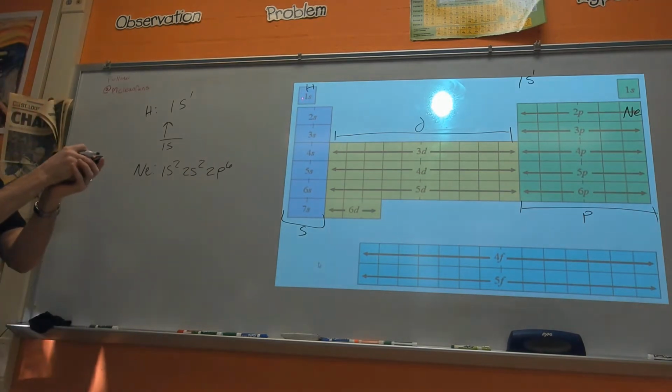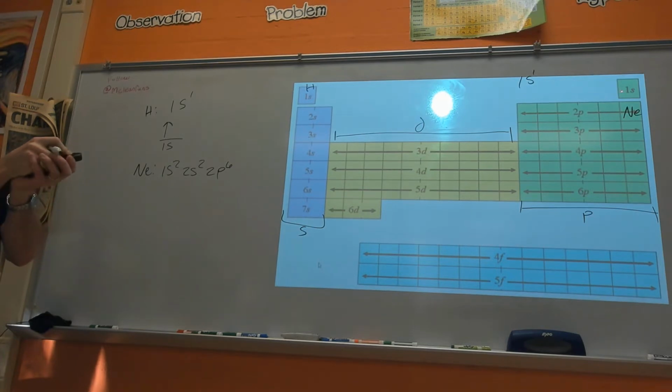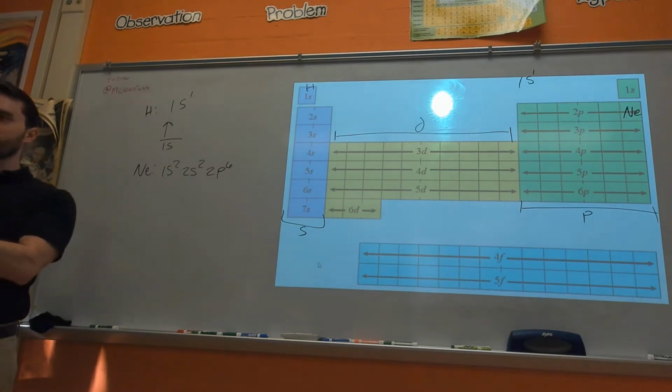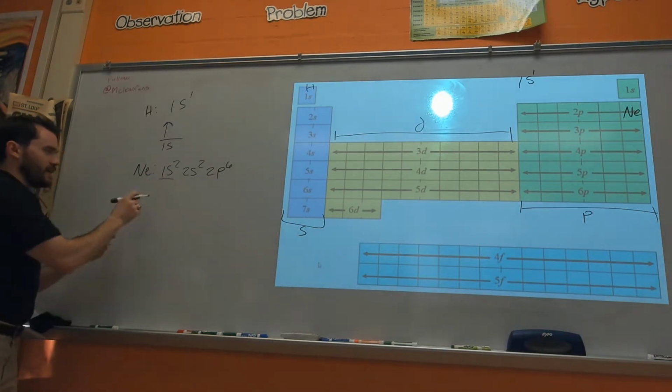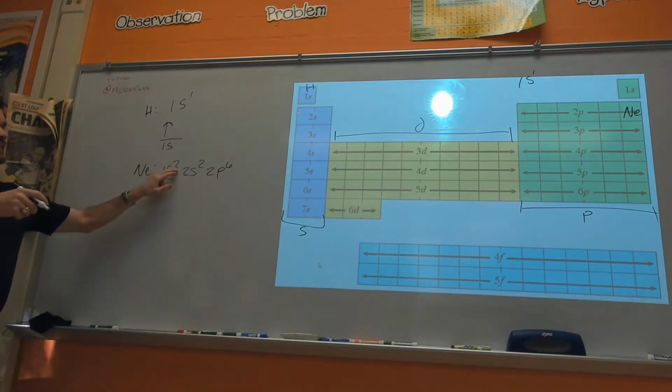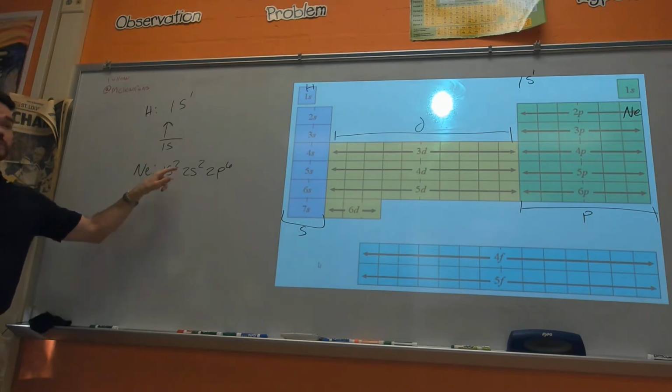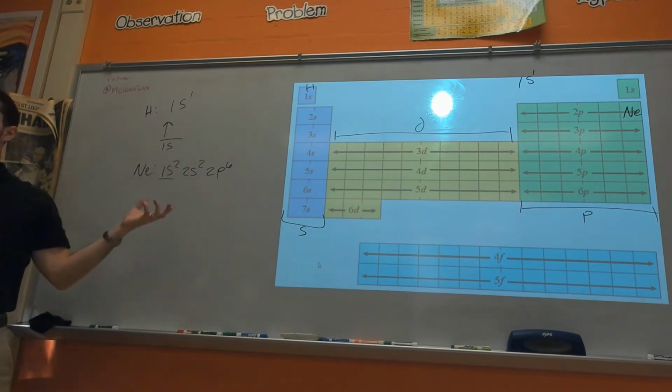You start in the top left corner, and you have to get to neon, you go from left to right, then go to the next line of the book, left to right, and then you stop once you get to neon. So to get to neon, we have to start at 1s. We go all the way through the 1s, so that's why you say 1s2. There are 2 elements in the 1s.